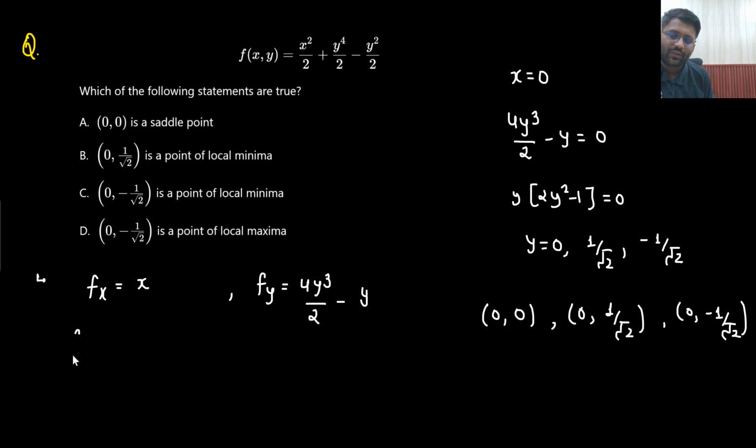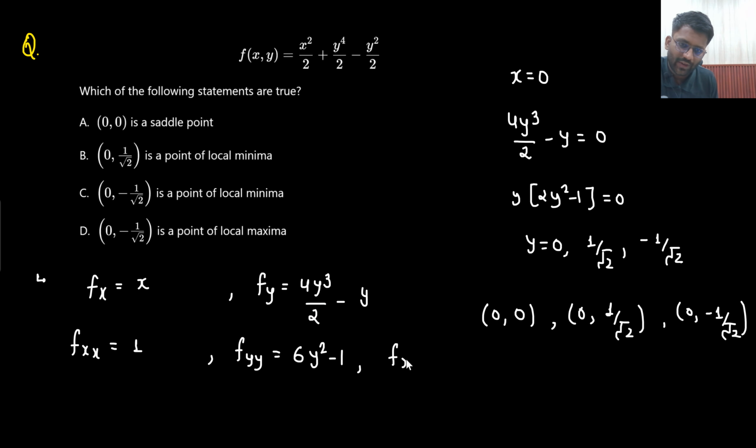Okay. So for that we need to find out the value of fxx. What is the value of fxx? Differentiation with respect to x, that is 1. What is the value of fyy? Differentiation with respect to y. What answer will you be getting? This is already 2y cube minus y, so it will become 6y square minus 1.